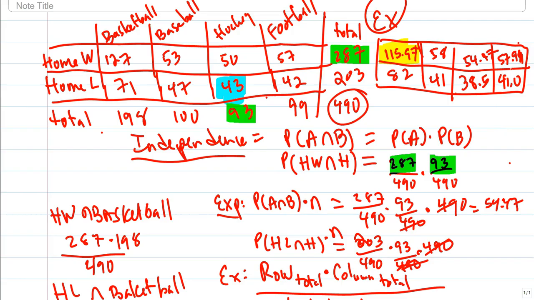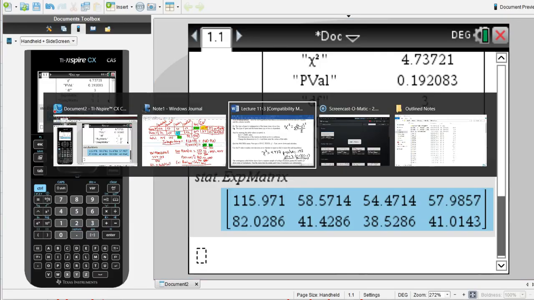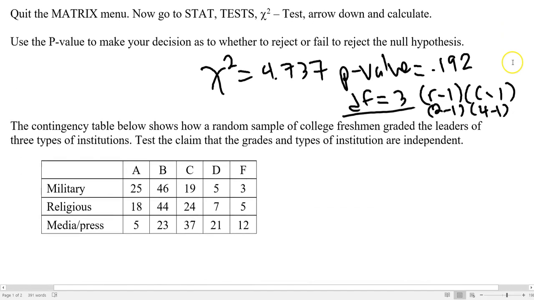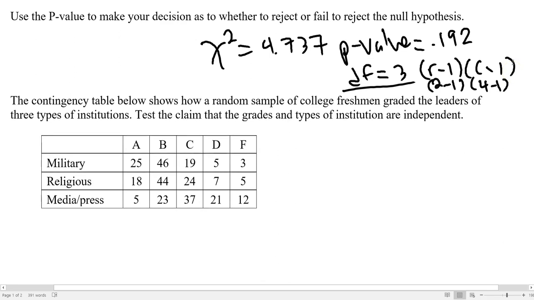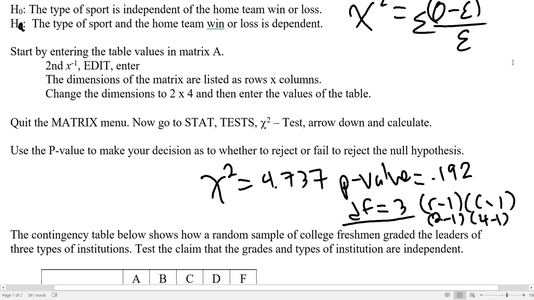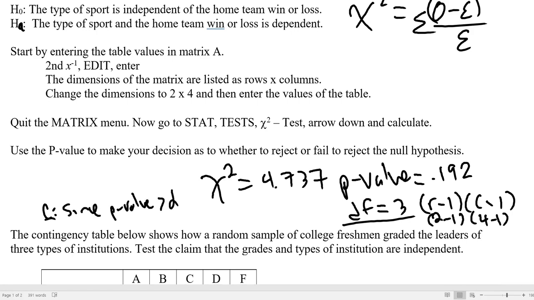Okay? So you need to fill that in. Make sure you fill in the observed and the expected, the chi-squared, the p-value. We ran the test. Write a conclusion. How do we write our conclusion? Well, this p-value is greater, so since the p-value is greater than alpha, we fail to reject what? What was our null hypothesis?